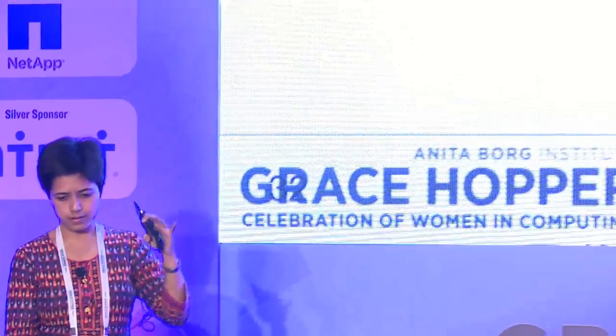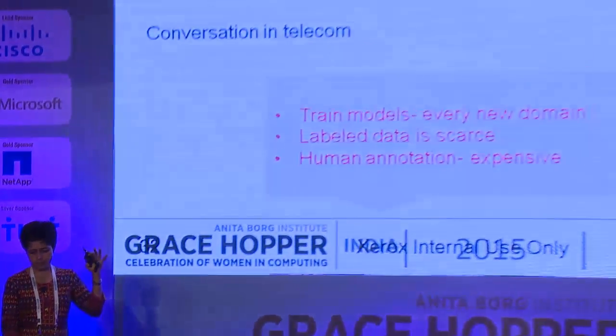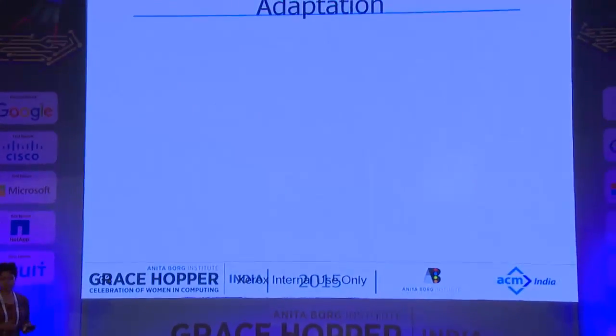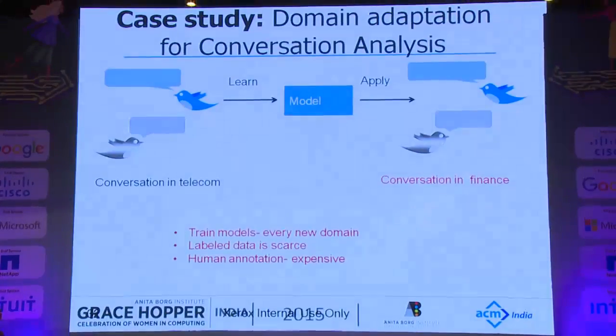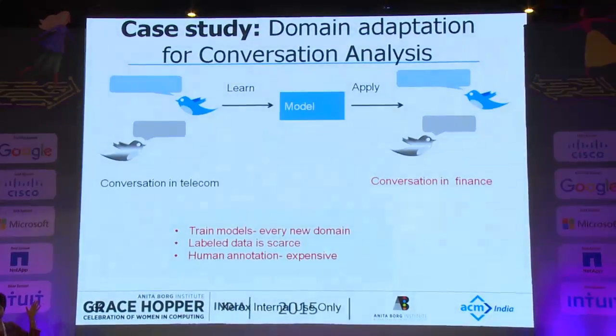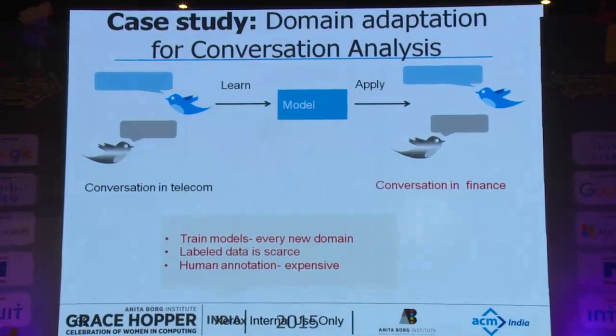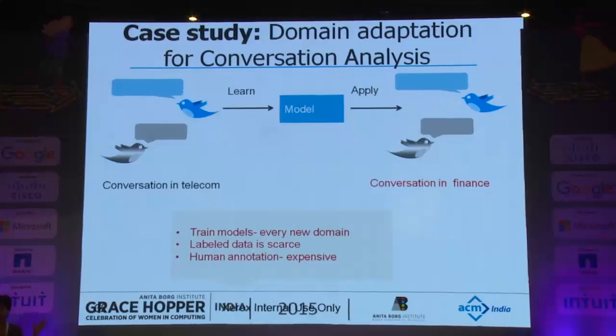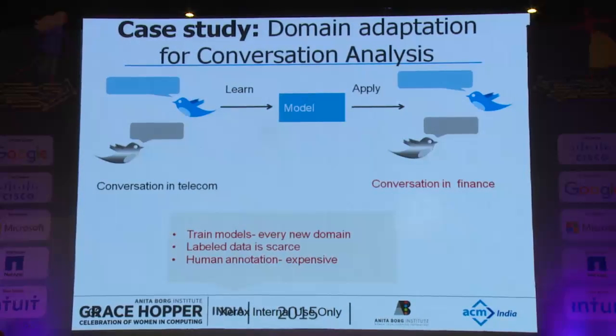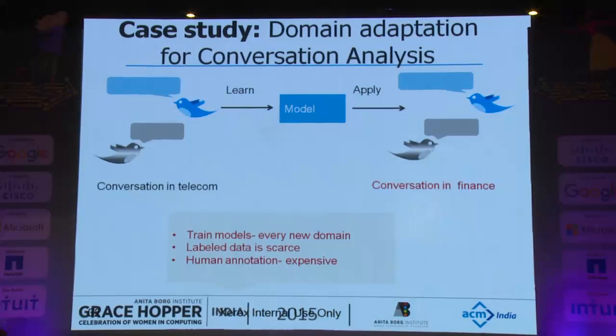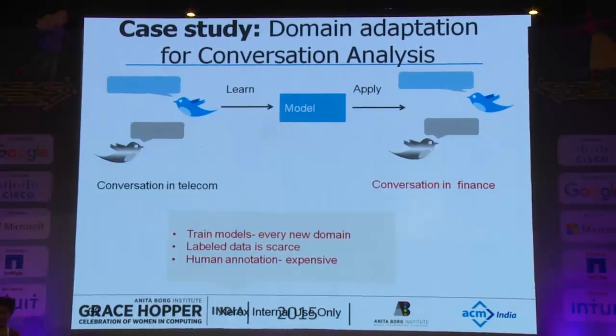Now we try to label the conversations on the finance domain without getting a new set of annotated data, because that will improve our readiness to classify the conversation data. But we get a significant drop in performance because we haven't performed any kind of adaptation.